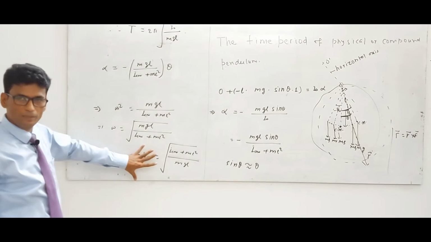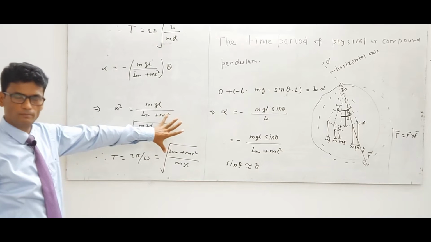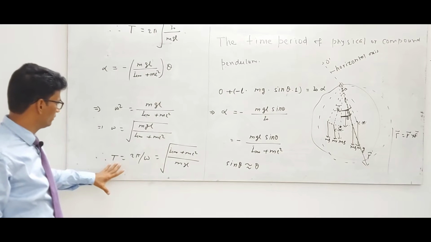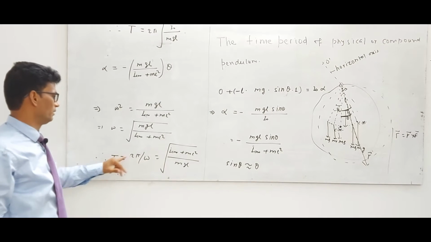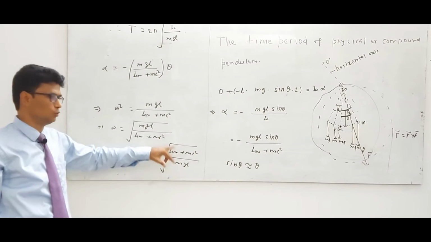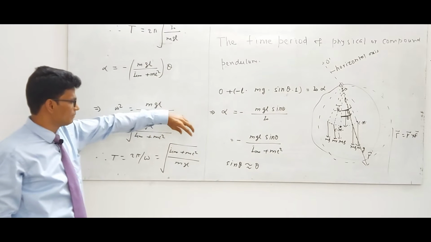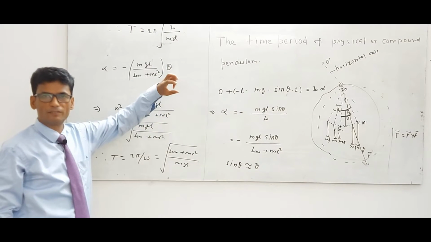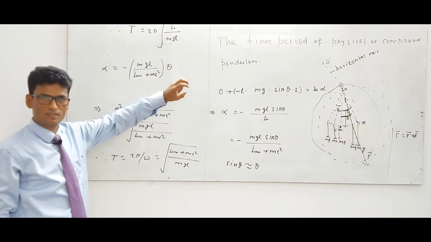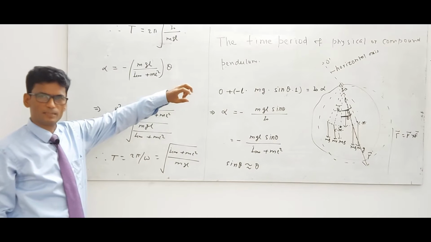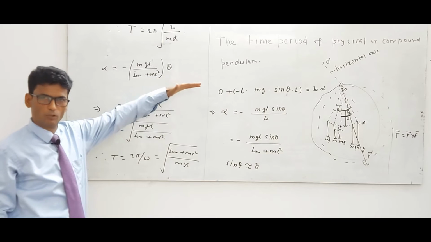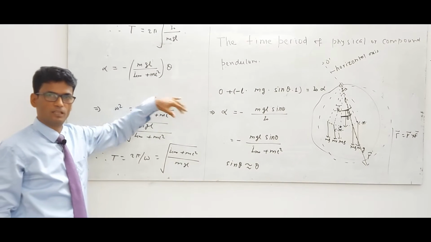That is, the time period of the physical pendulum under very small oscillation comes out to be square root of ICM plus ml square over mgl, or you may write ICM plus ml square as good as the moment of inertia about the point of suspension, or an axis passing through the point of suspension, which is here in this case horizontal, perpendicular to the vertical plane in which the body oscillates.